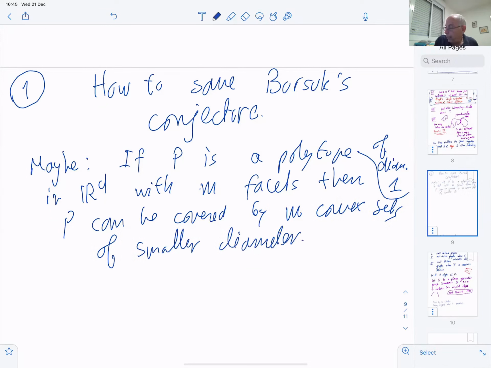So this is a vast relaxation of the Borsuk conjecture, which might be true. I don't know if it's false or not.